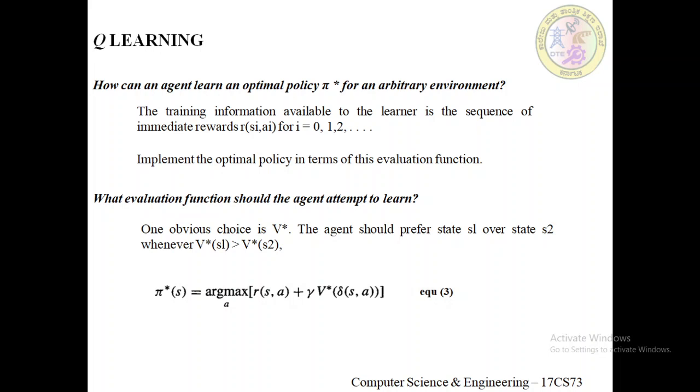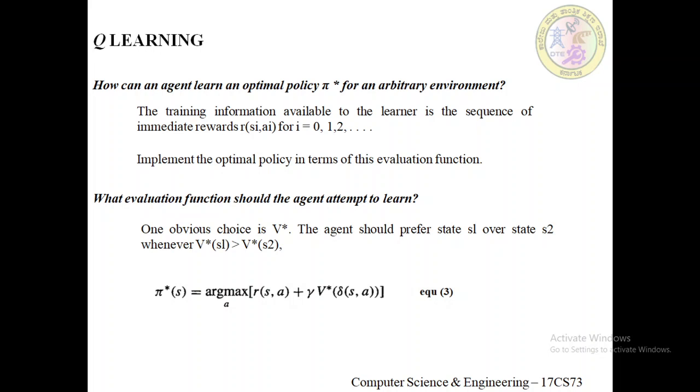Now, having these assumptions and understandings, let's study in this session the most popular reinforcement learning, that is the Q learning. Here we try to understand how an agent learns an optimal policy, that is pi star, for an arbitrary environment.